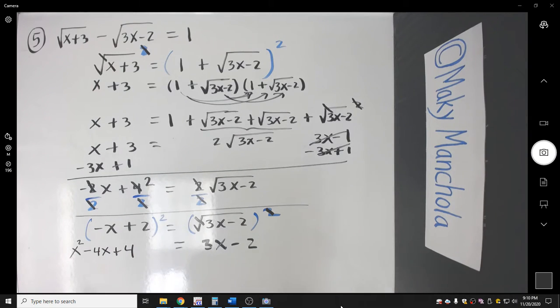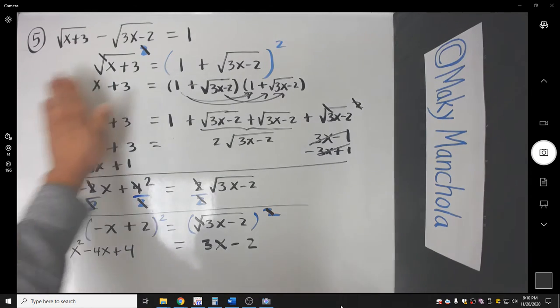Okay, now we go on to the next step, our second step. Our second step is to solve the resulting equation. This is a quadratic equation. Let's solve that quadratic equation now. So let's do it here in the middle.